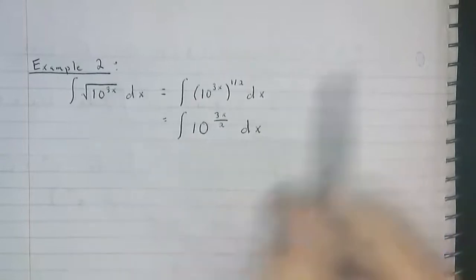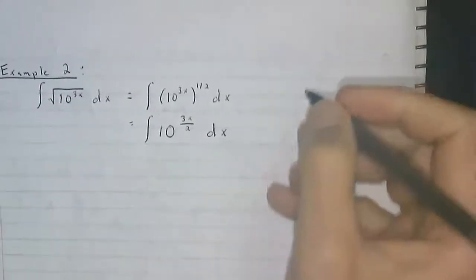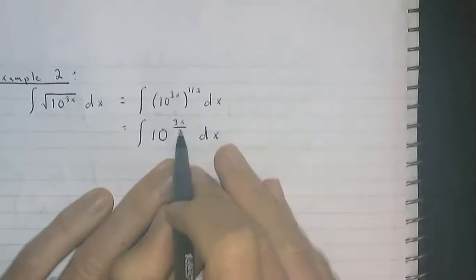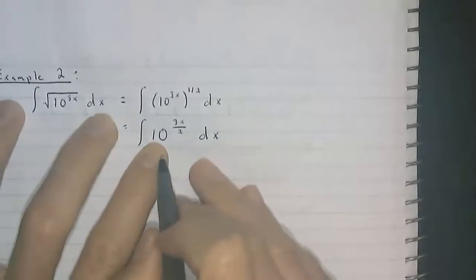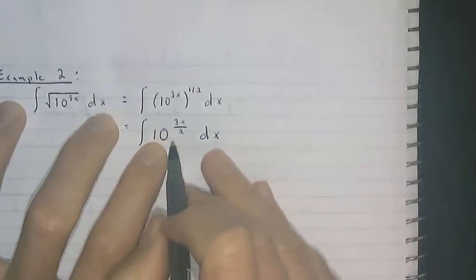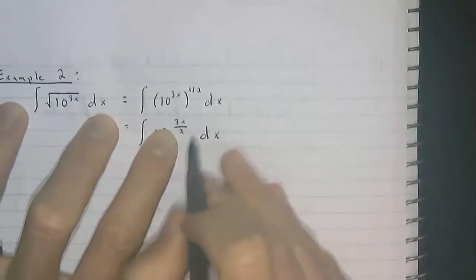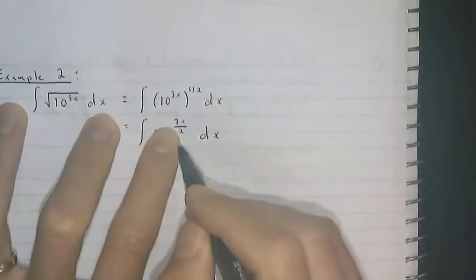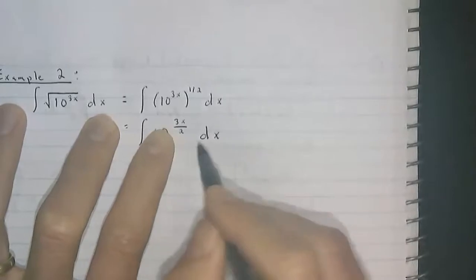We do a u sub, okay? And so we're going to do a u sub on the exponent because what we want is an exponential function, which we have, but there's a composite linear function hidden inside that exponential function.